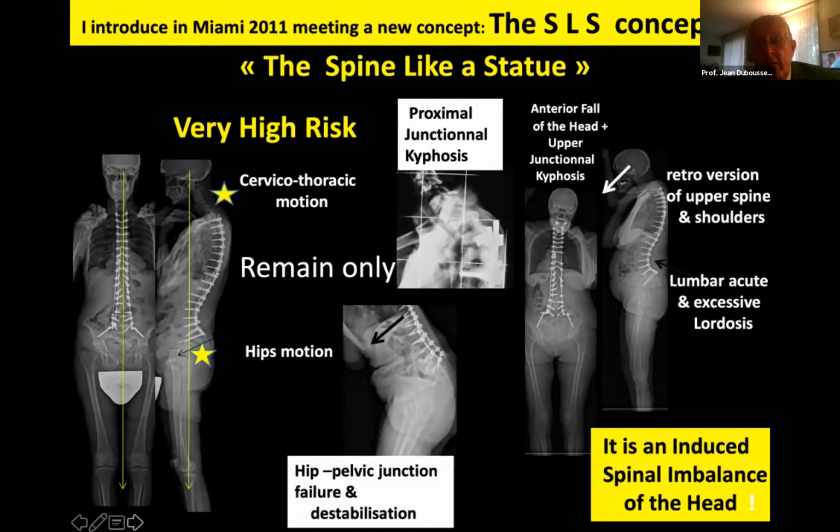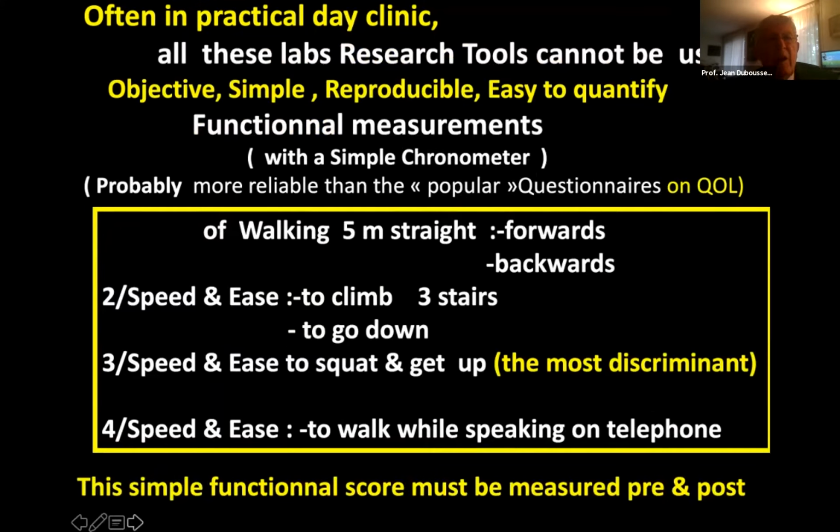And when you are doing too much lordosis, for example, you have a retroversion of the upper patch and the shoulder, so you cannot escape the junctional kyphosis. This is really clear.